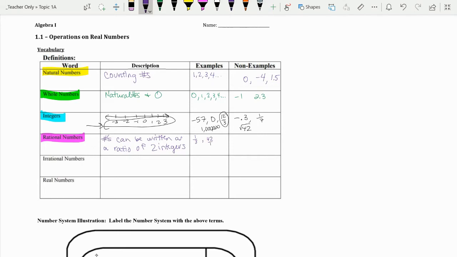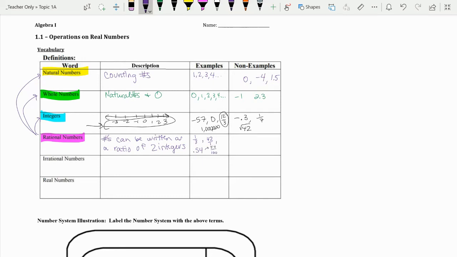So all integers, whole numbers, and natural numbers are rational numbers. But numbers that aren't integers, wholes, or naturals would also be considered rational if they can be written as a fraction. Now, 0.54. That is not a fraction right now, but it could be written as a fraction because it could be 54/100.